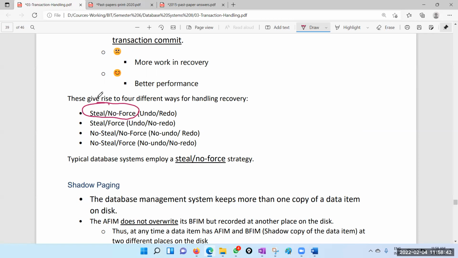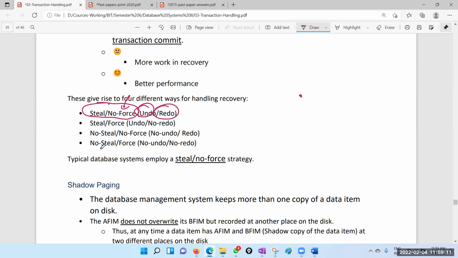So that means your file has uncommitted data written as well as committed transaction data not written. This is the best performance-wise, but this is where the most complications occur in recovery in case of a failure. So we say that in steal and no force, we have to do both undo and redo operations in the recovery.